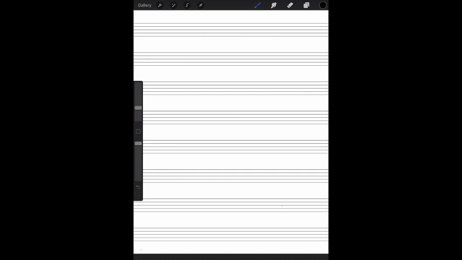Now let's look at our flat key signatures. Remember, just as the sharps were written in a specific order, fat cats get down and eat burritos, our flats are going to be written in their own specific order: B flat, E flat, A flat, D flat, G flat, C flat, and F flat.